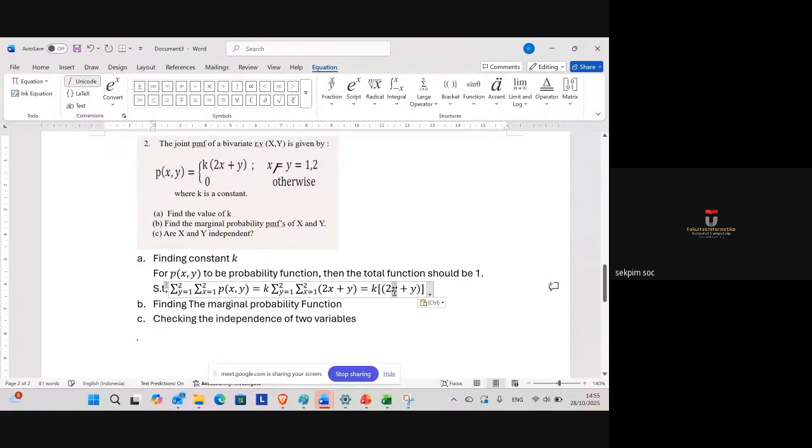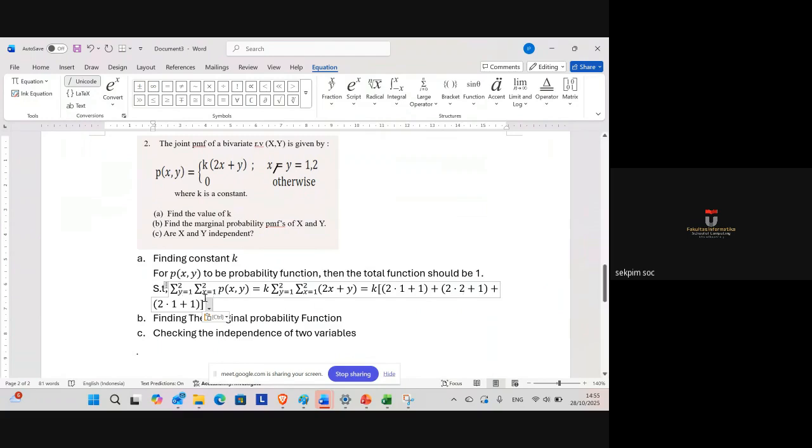So this one is for x equal to 1 and y equal to 1, plus x equal to 2 and y equal to 1, plus this is for y equal to 2.